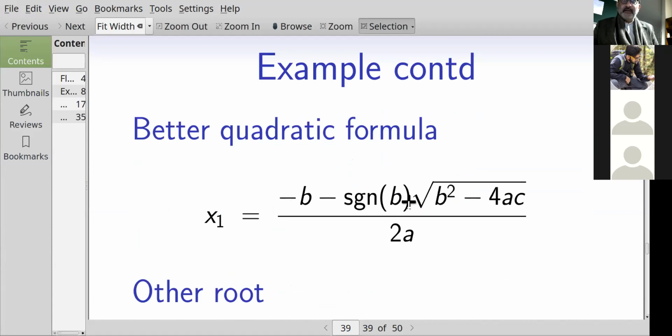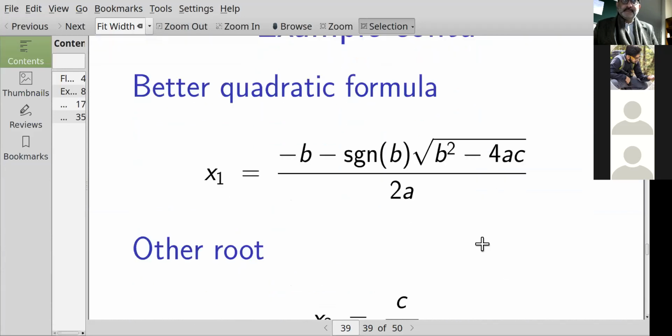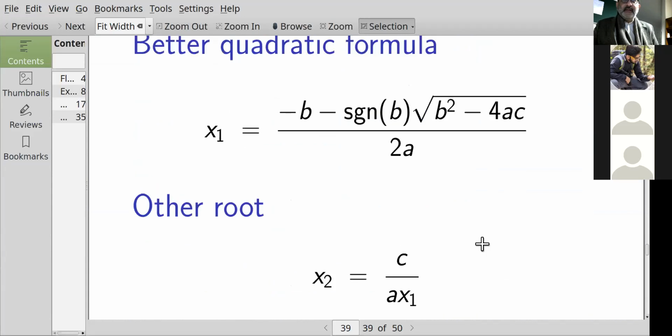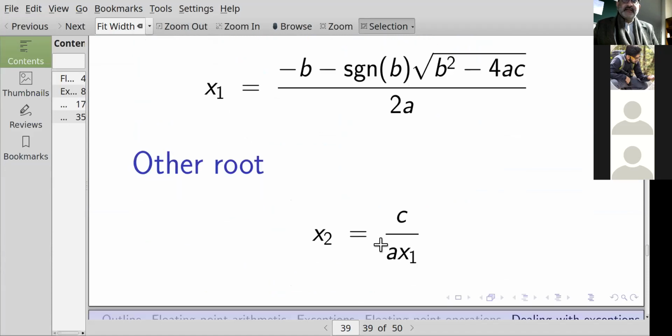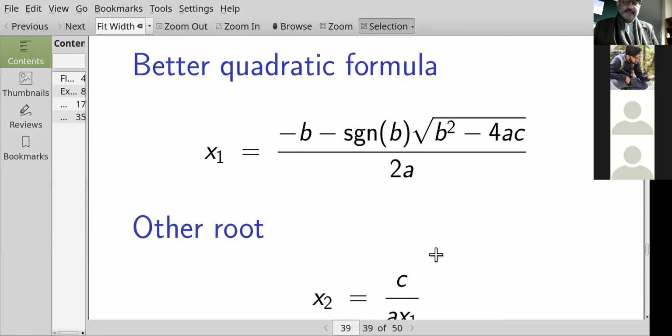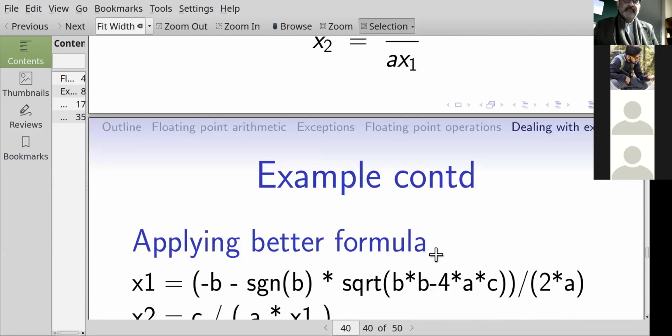Now, there's a better way of doing this, and that is you take x1 this way, and you find the other root as x2 is equal to c over ax1. Okay?